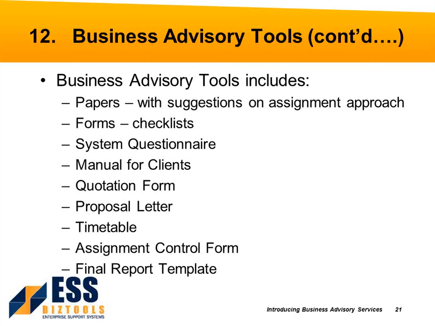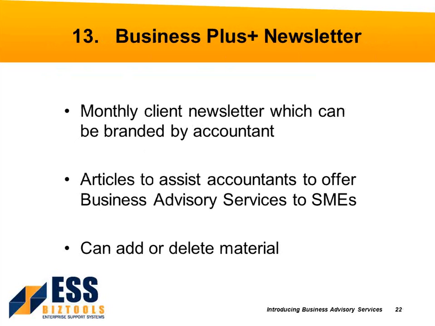So the business advisory tools include what's on the screen there at present. It's a wide range, so each of those modules has got all of that type of information available. We also produce a monthly newsletter. I mentioned that before. You can badge it and send it to your clients. The articles are prepared on the basis of offering business advisory services to your clients.